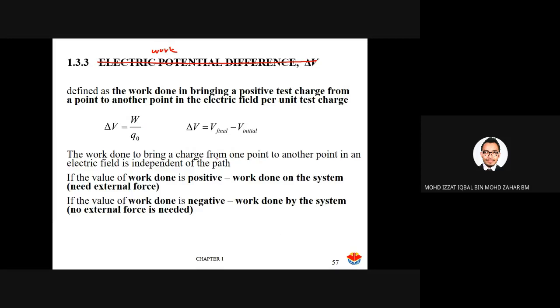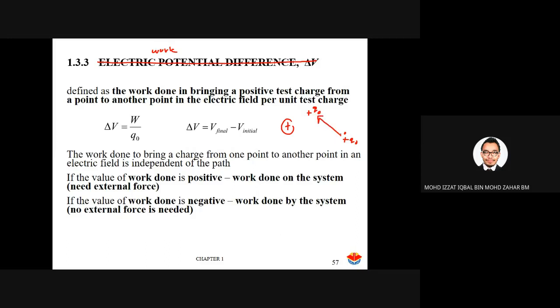The work done to bring charge from one point to another point in an electric field is independent of the path. For example, I have a positive test charge there, and let's say I want to bring it here.